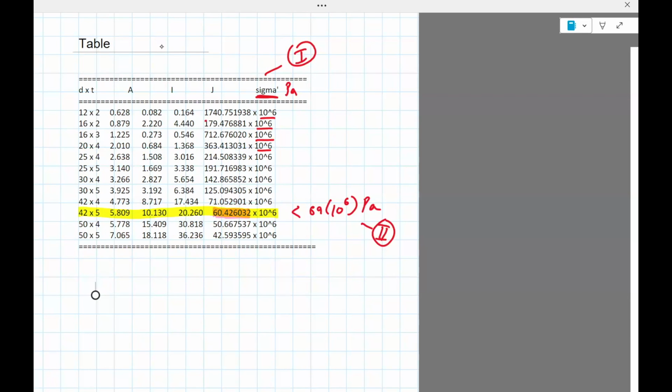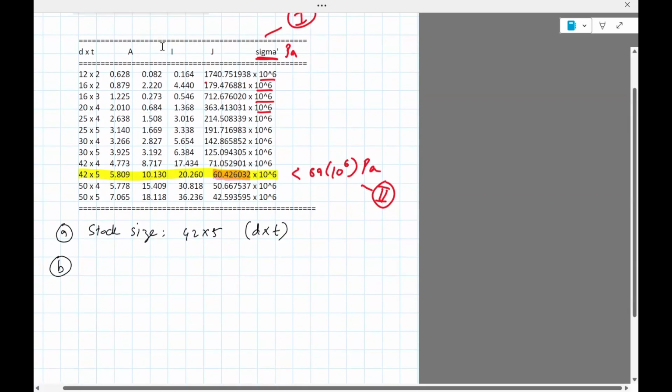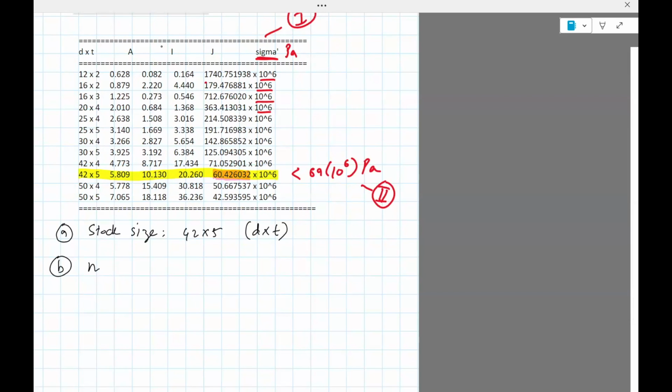So the first question was to identify the stock size, and we saw that the stock size which makes sense is the one shown here. The second step is to compute the factor of safety.